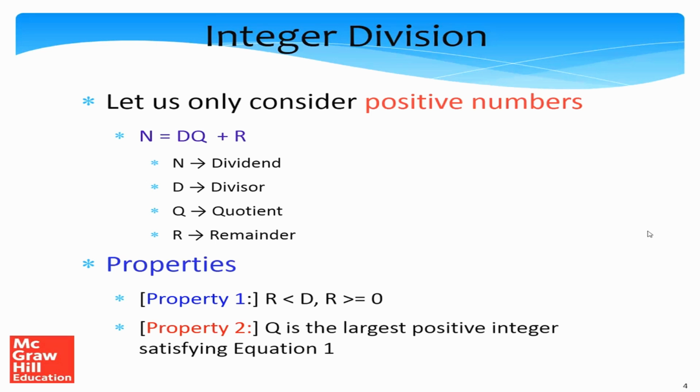Some say that the remainder has the same sign as the divisor. So what most libraries or processors would do is first convert the numbers to positive numbers, do the division with positive numbers, and then adjust the remainder according to the convention.